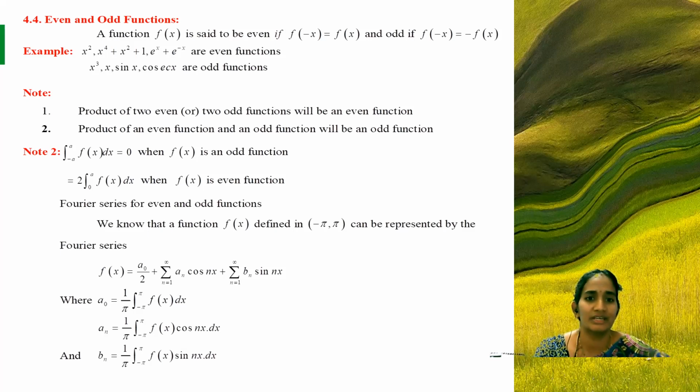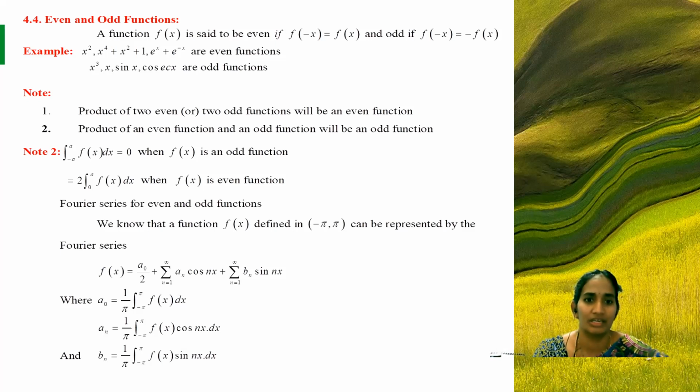So this is an example of even functions. So e power x plus e power minus x also. And x cube: replacing x with minus x in the given function, you are getting minus f of x. So x cube, x, sin x, cosecant x are odd functions.